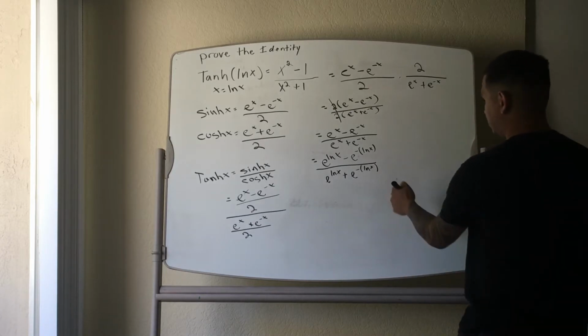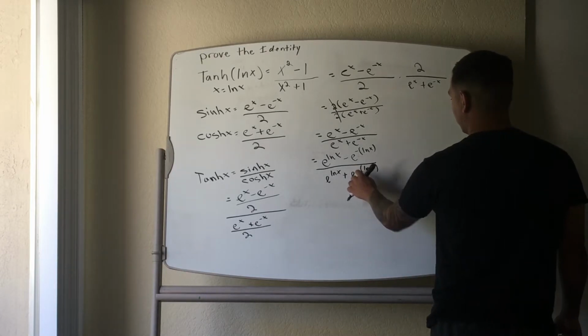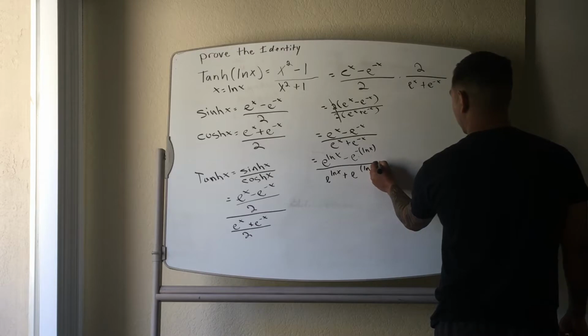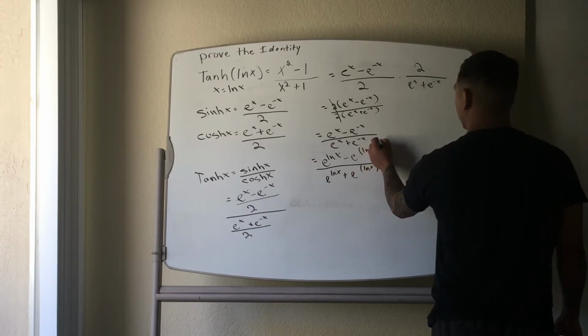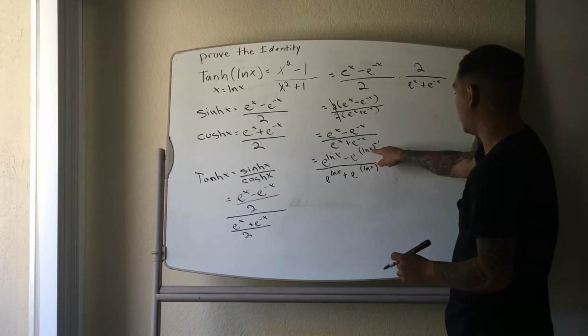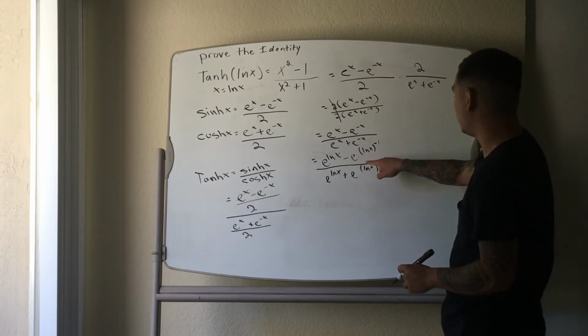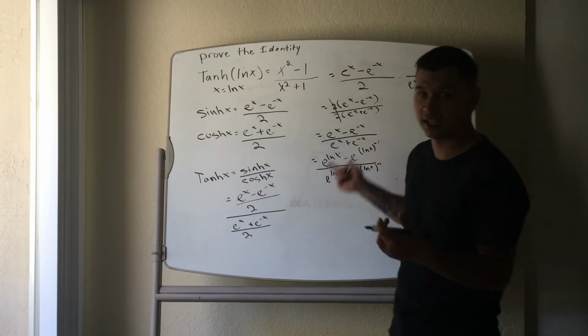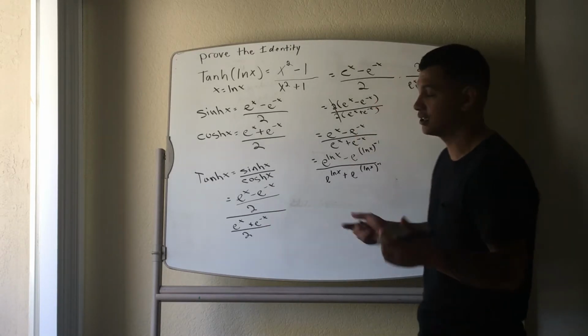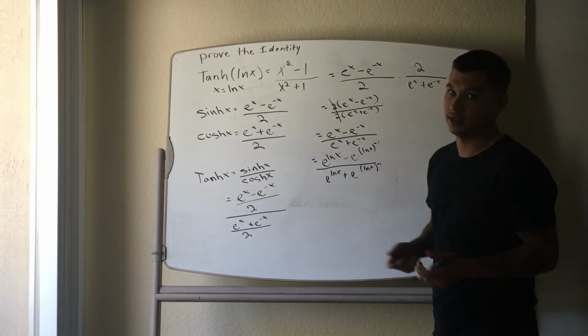So let's bring up our negative exponent. Before it was e to the negative ln x. Well, we didn't prove that e to the negative ln x is equal to x. We proved that e to the ln of x is x.